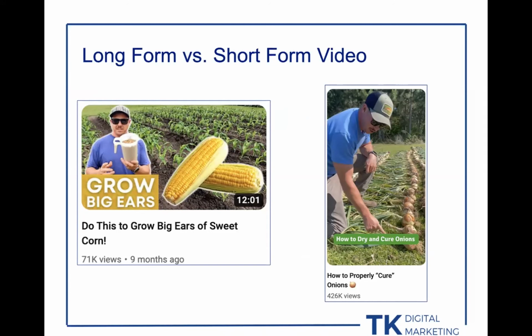And then short form videos are less than 1 minute traditionally. Some platforms will allow you to post longer than a minute, but we try to aim for less than a minute. So it's all about horizontal versus vertical. Today we're going to be focused on these short vertical videos and how to use them to tell your story and get people to know more about your business.